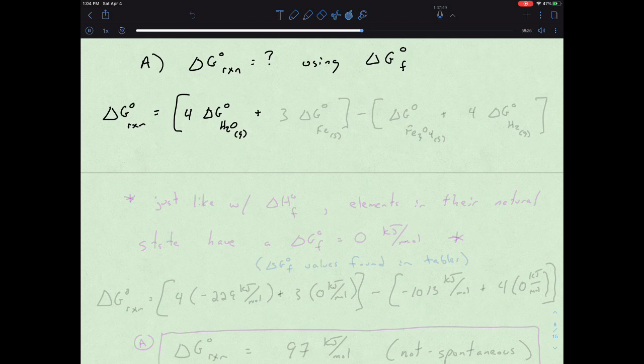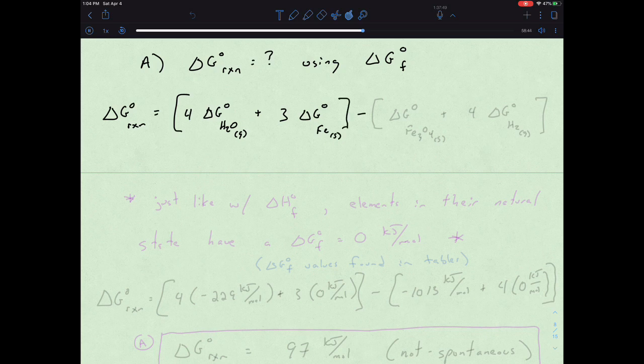And we have 1 in terms of our iron. I'm sorry, we're making 3 of those irons, so we'd have 3 times the delta G for our solid iron.